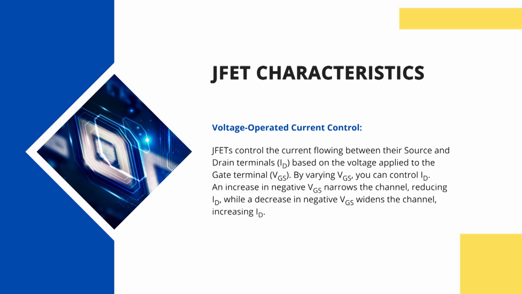So, by varying the gate voltage, you can vary the drain current. So, VGS controls ID. An increase in negative VGS narrows the channel, reducing ID, that is the drain current, while a decrease in negative VGS widens the channel, increasing ID.